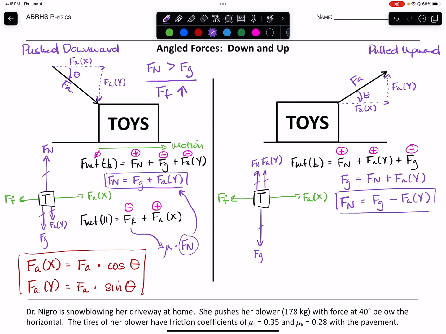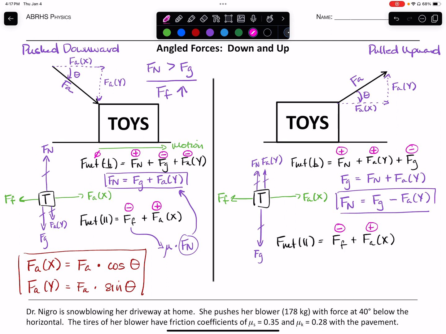If we switch over to the parallel net force equation, it's going to look exactly the same: the frictional force and the x component of my applied force. For signs, same idea. Negative for friction, positive for that applied force. Don't really know for the net force until we get some problems going.